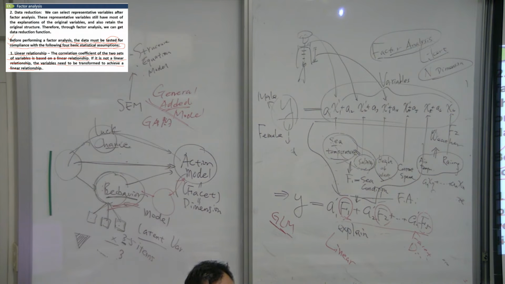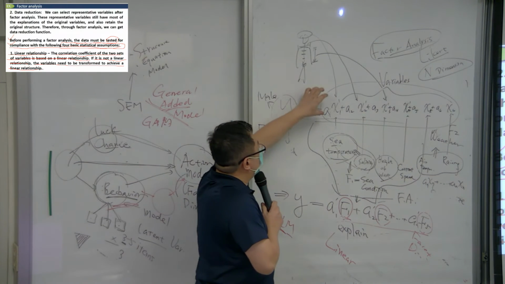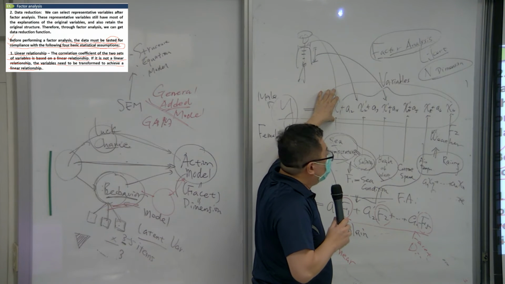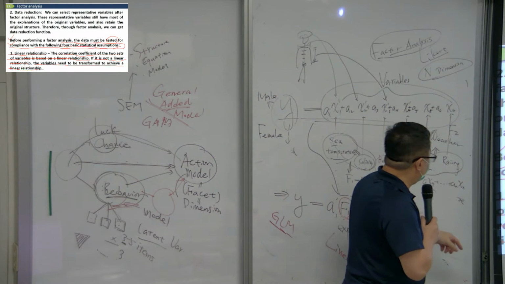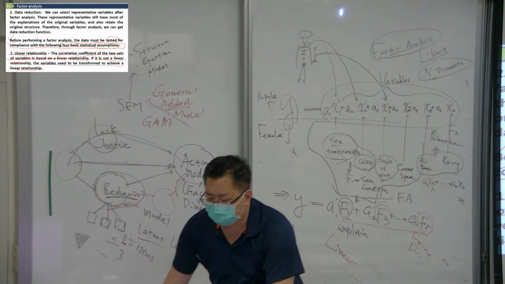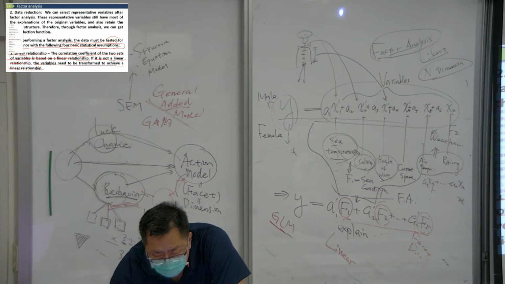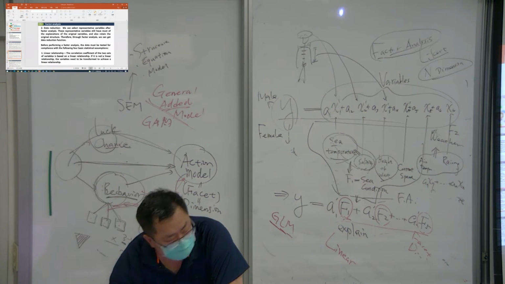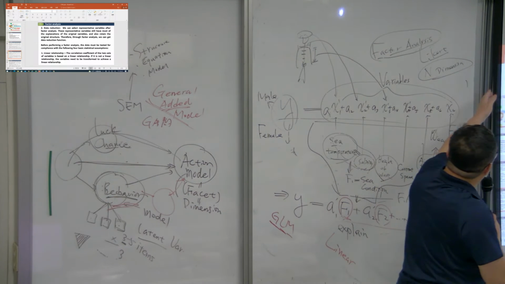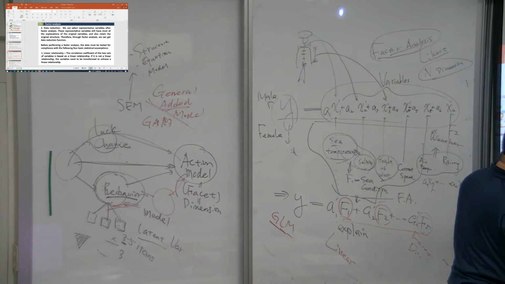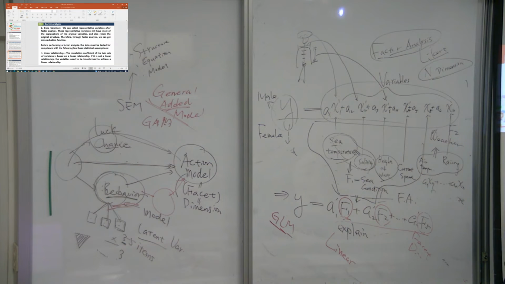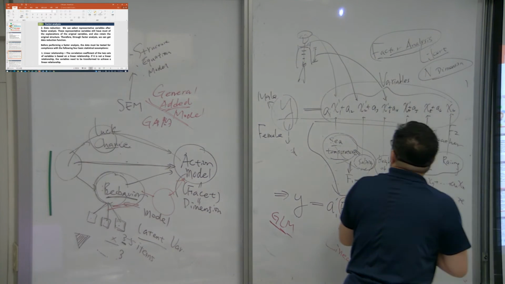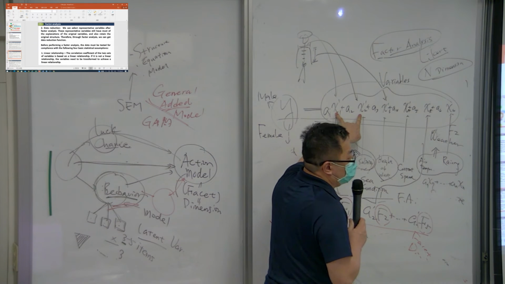What do you mean? Because this is a linear regression, okay? If two sets of variables should be based on a linear relationship, that means this one and this one should have a linear relationship.